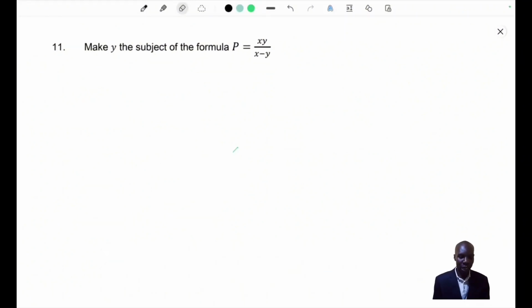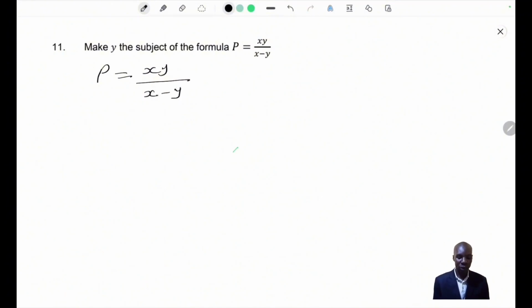Let us look at number 11. Number 11 is saying make y the subject of the formula. P equals xy over x minus y. So we are given P equals xy over x minus y.